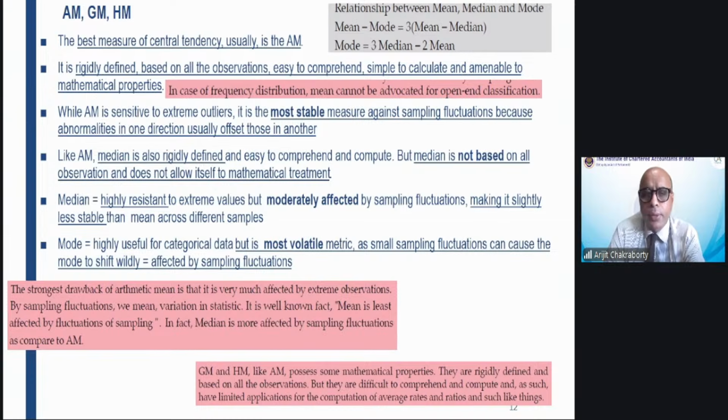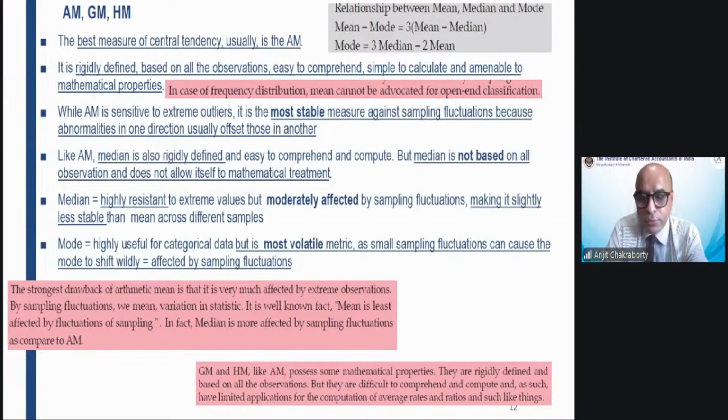But we have seen that if any observation is zero, then GM and HM will not give the right answer; GM or HM cannot be used in such a scenario. So overall, no doubt AM appears to be the winner.